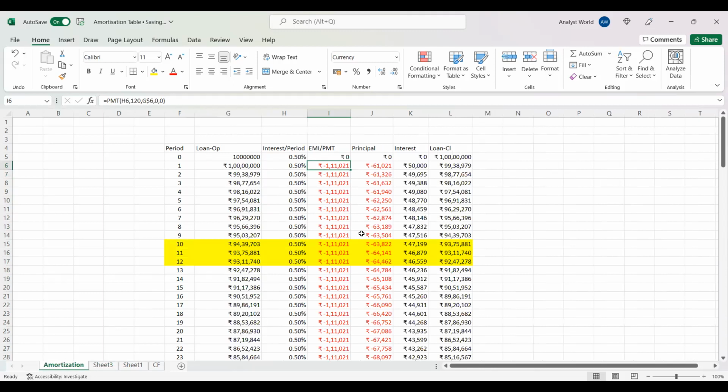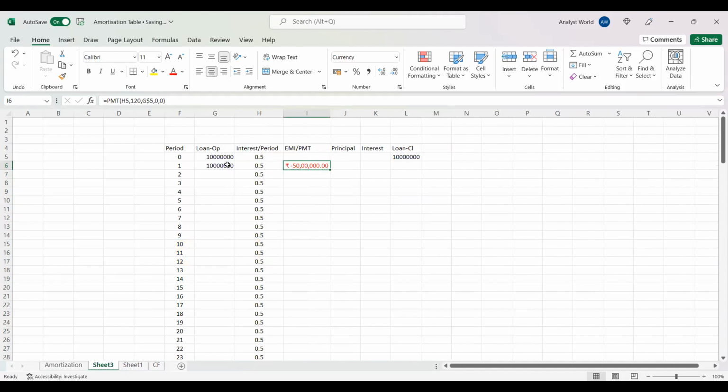Why is it behaving like this? I think we missed a 0 out here, is it?